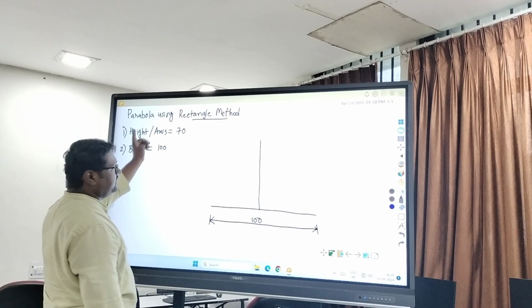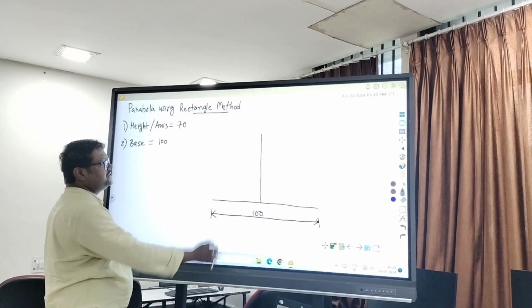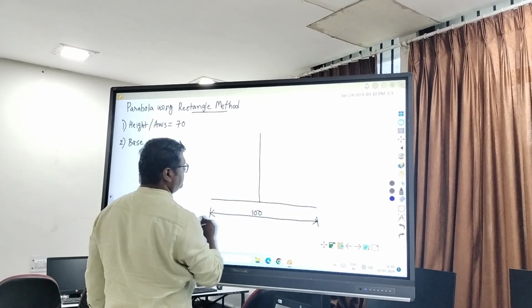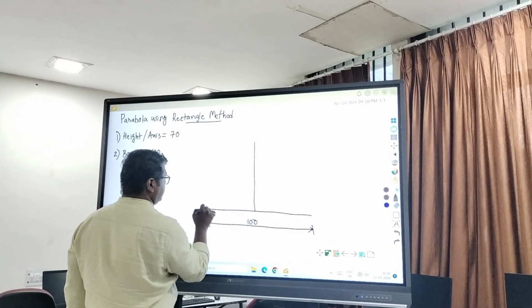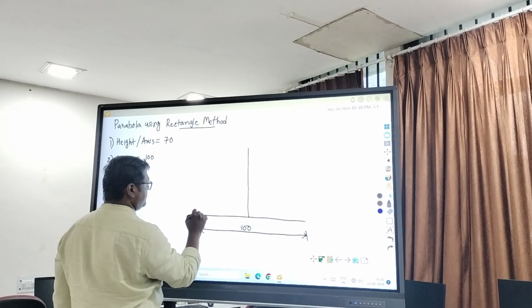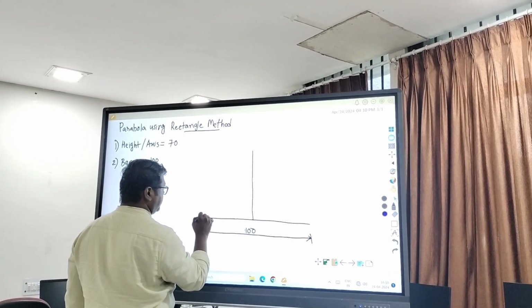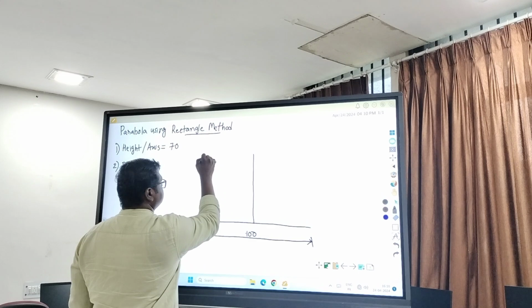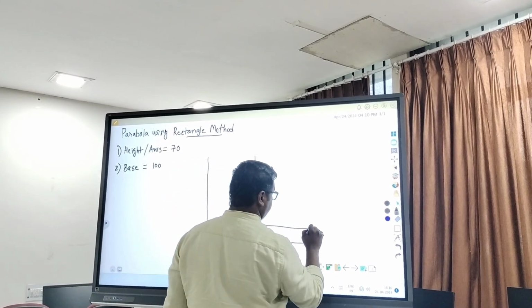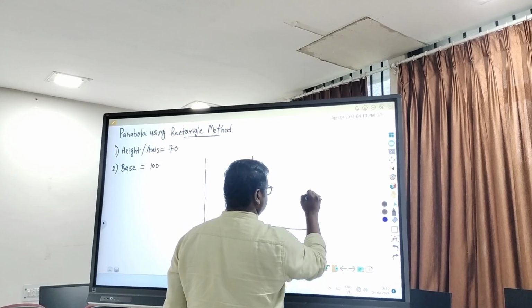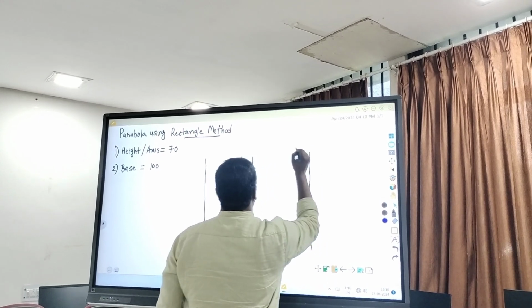Now as it is a rectangle method, we will draw a rectangle out of this configuration. To draw the rectangle, first from the end point of the base, draw a vertical line parallel to the axis, and draw another vertical line from the other end of the base, again parallel to the axis.